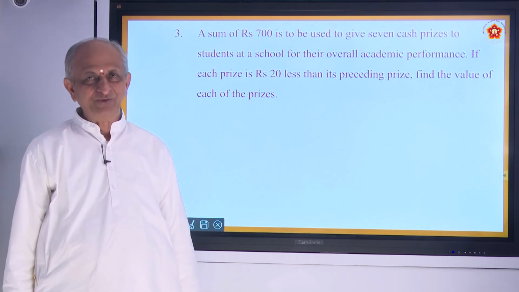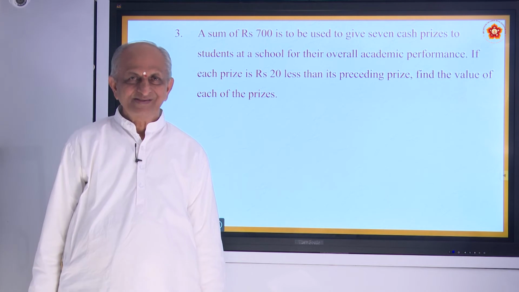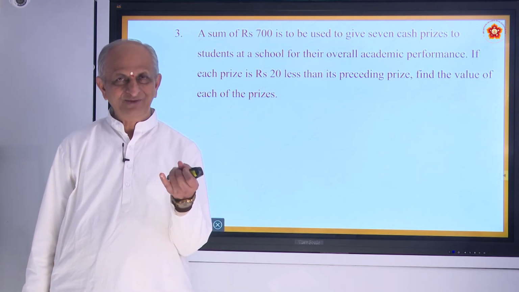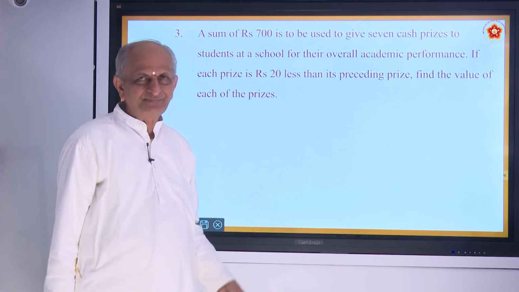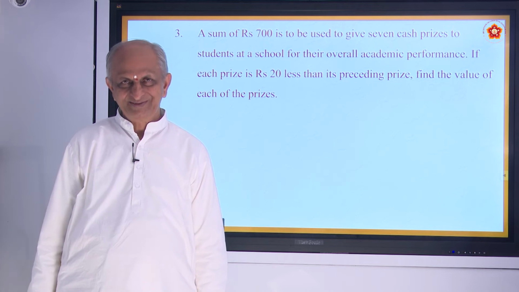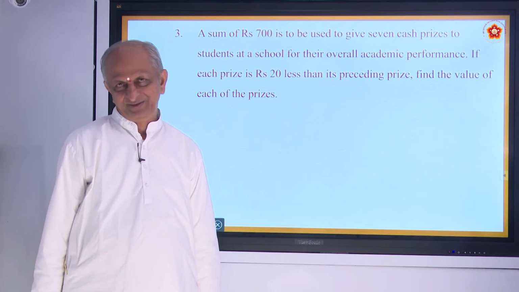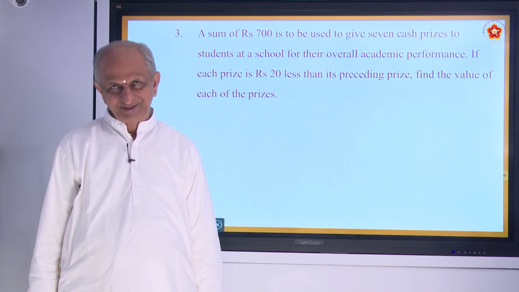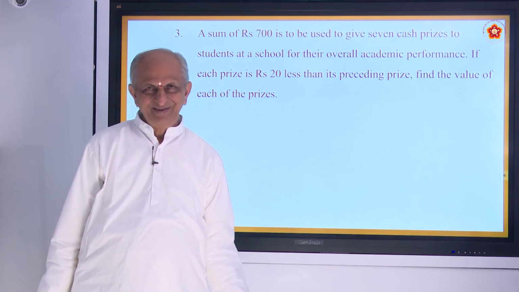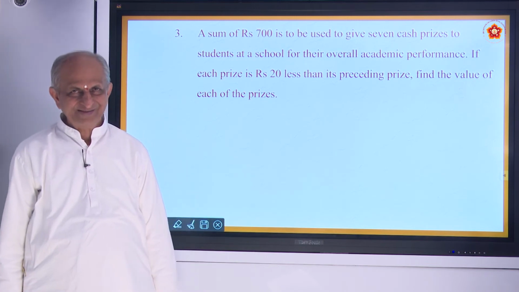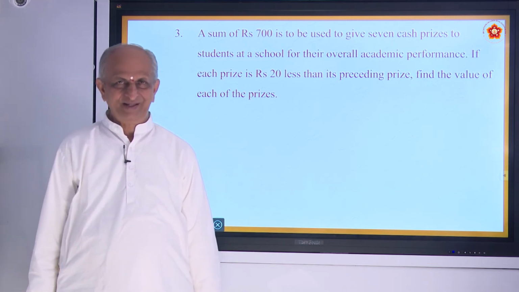What are the items they give for prizes? Yes, in sports also they give, in games also they give. Here it is about academics, those who score high marks, what you call proficiency, first rank, second rank, third rank. Of course, some of you may say, what sir, we are not getting a rank at all. Don't worry, try next time.